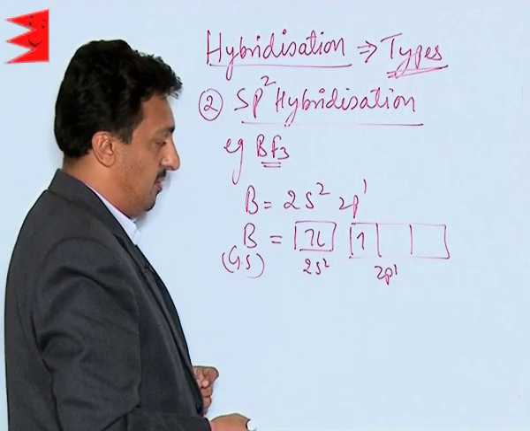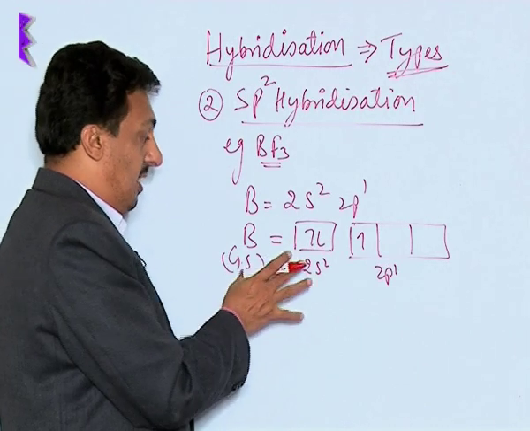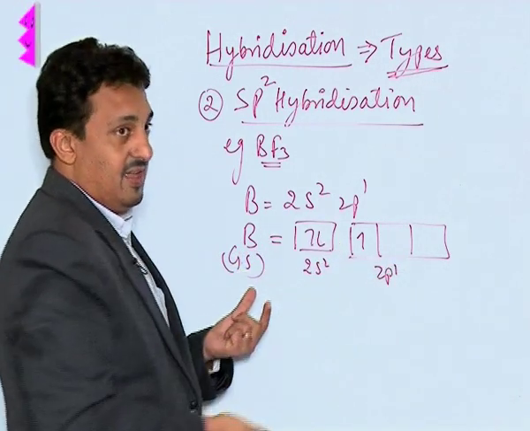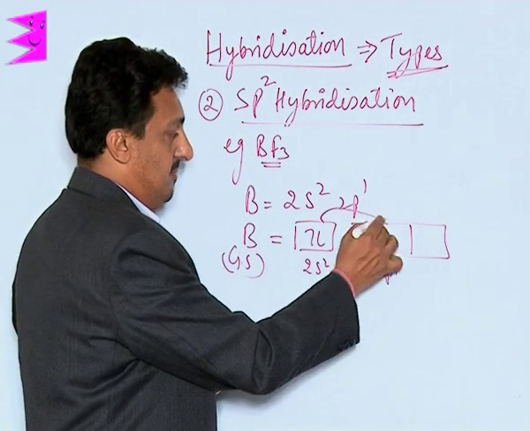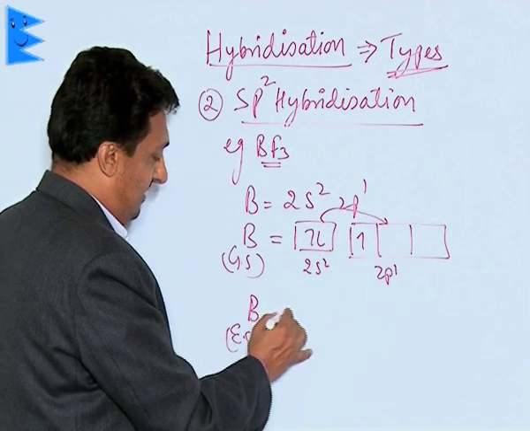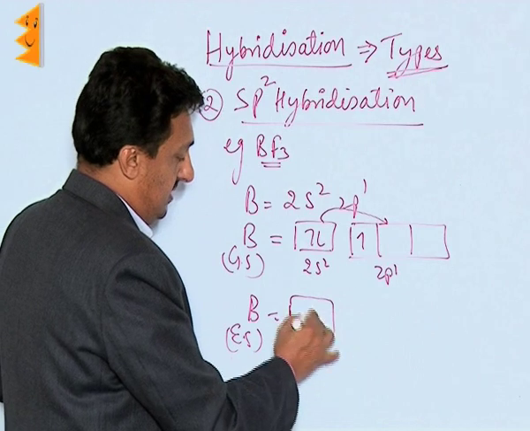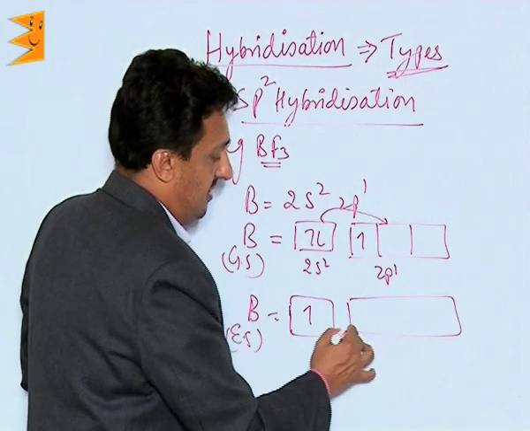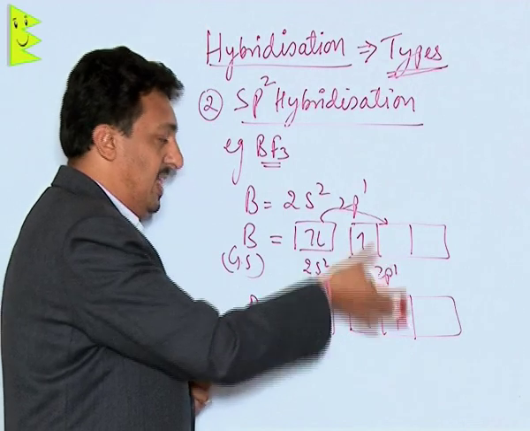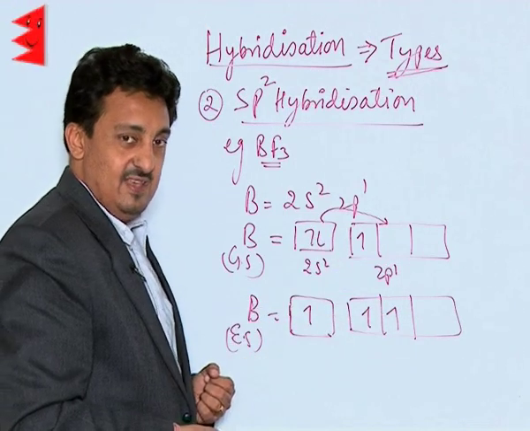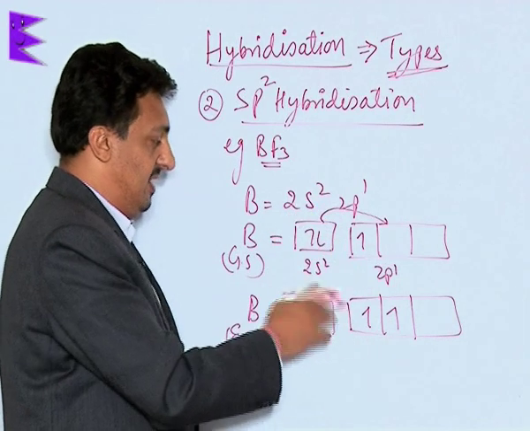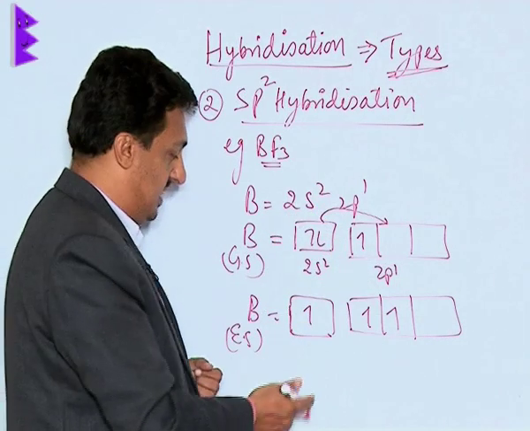Boron can have its maximum covalency by unpairing this electron pair, so one electron jumps to the p orbital. In the boron excited state, the configuration becomes like this. This unpairing takes place before hybridization, so that the covalency is maximum in boron.